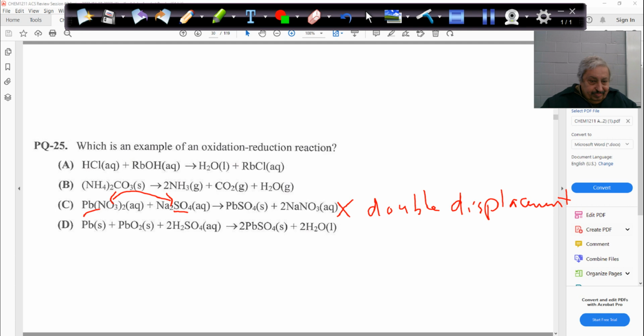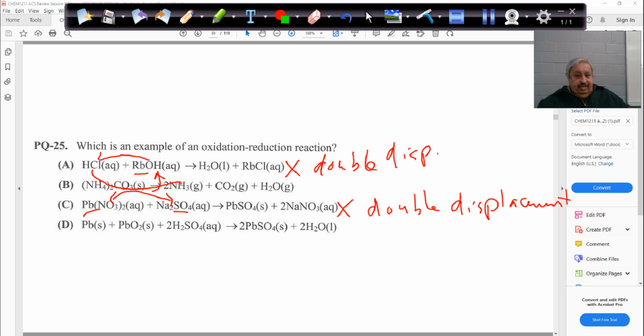How about this one here? This is double displacement again. Rubidium will take over the chloride, and hydrogen will take over the OH.